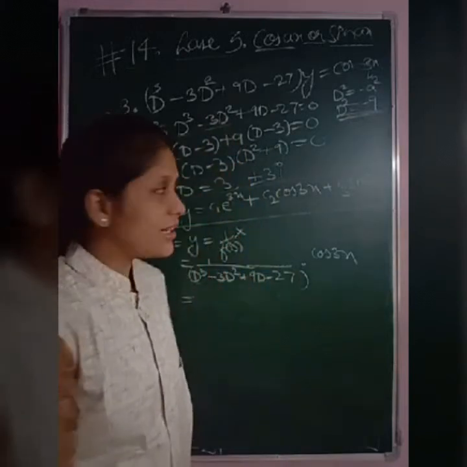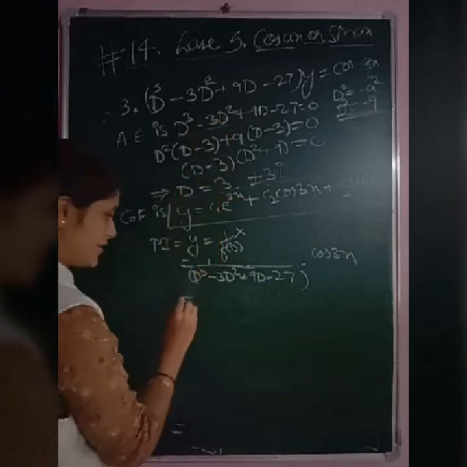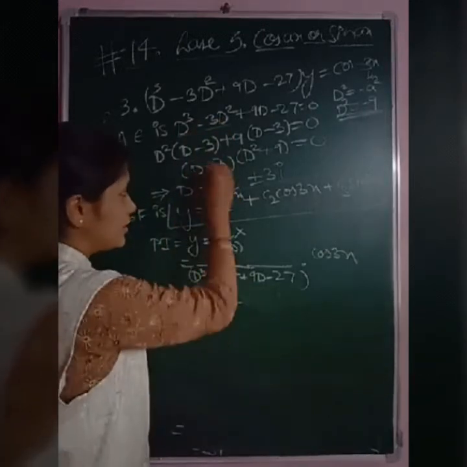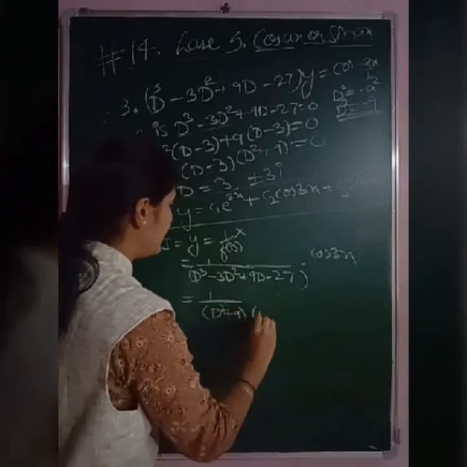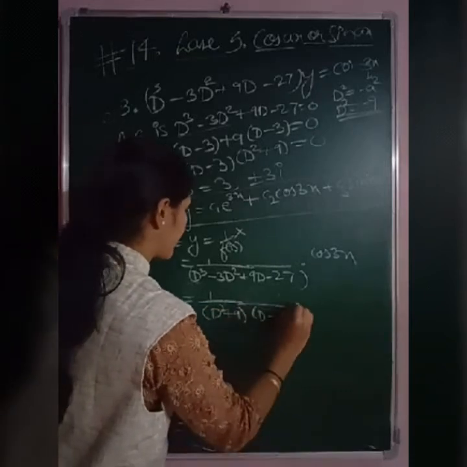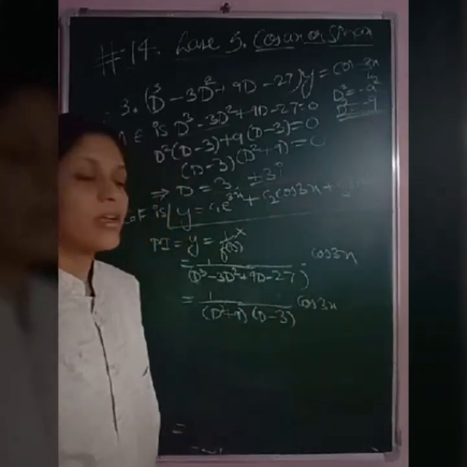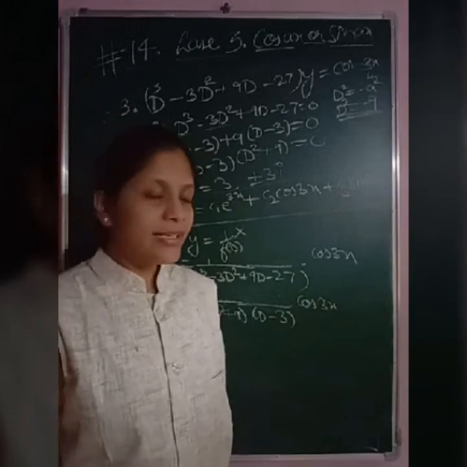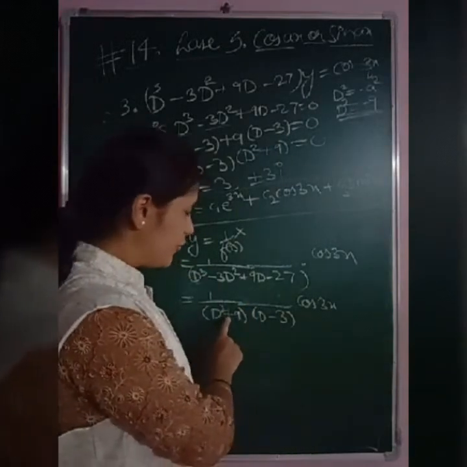So what will we take now? We will take this. f(D) can also be written as this. So 1 upon, this can be written as D square plus 9, D minus 3 of cos 3x, right? So again here it is nothing but product of these two, and here what do we observe?